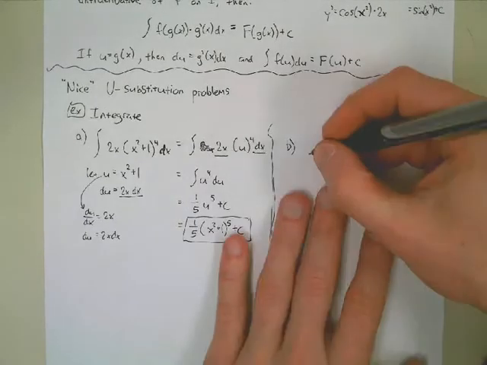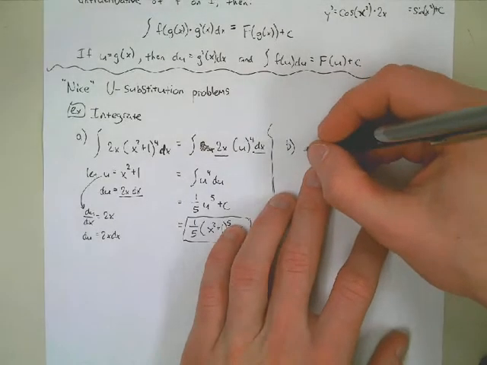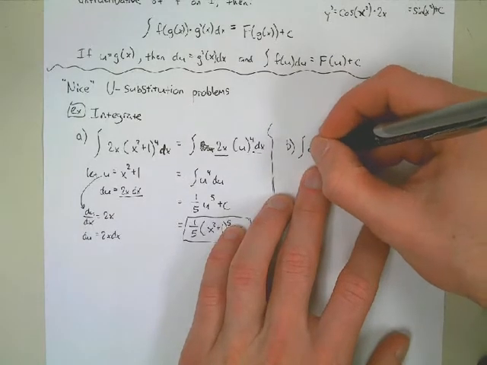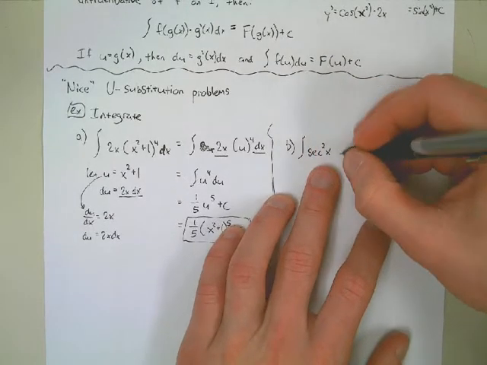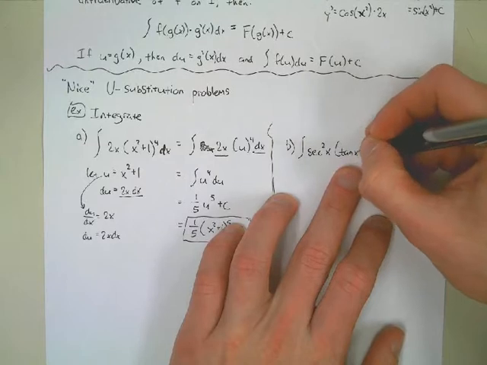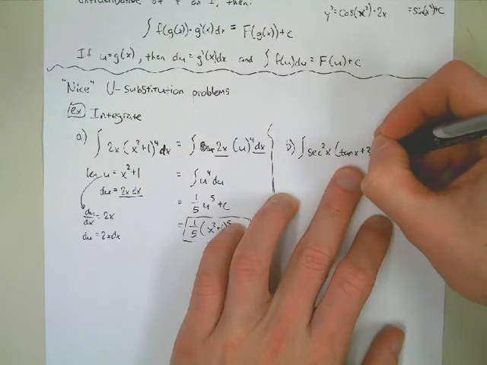All right, let's look at another one here. Same directions. We're going to integrate the secant squared of x times the tangent of x plus 3 dx.